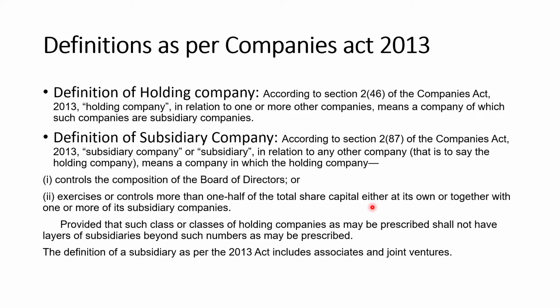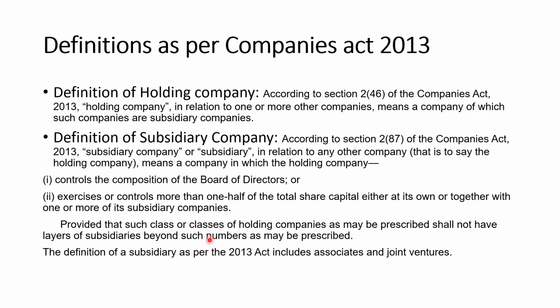One proviso is also given in the Act which says that such class or classes of holding companies as may be prescribed shall not have layers of subsidiaries beyond such numbers as may be prescribed.